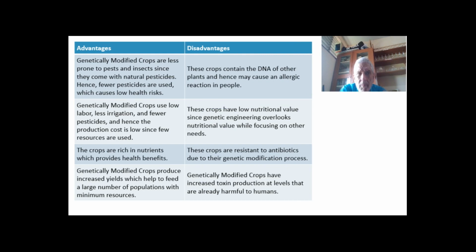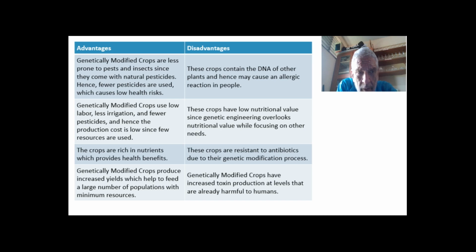So genetic engineering has several advantages and disadvantages. For example, genetically modified crops are less prone to pests and insecticides since they come with natural pesticides. That's for some genetically modified crops. Sometimes they're engineered for natural pesticides, and hence fewer pesticides are used, which cause a low health risk.